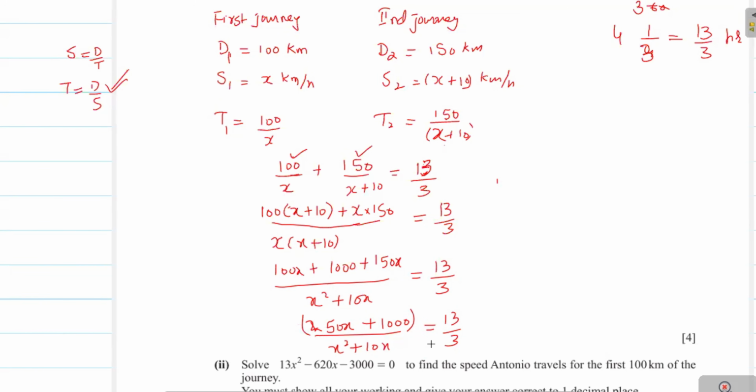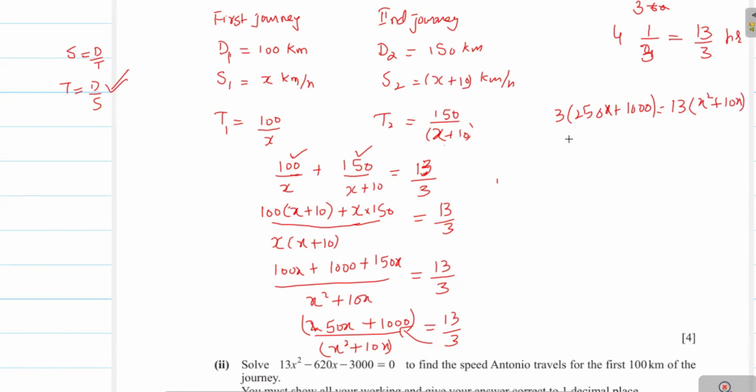Now we multiply the left side by 3, and this 3 multiplies 250x plus 1000, and the denominator of the left side shifts to the right, it becomes 13 multiplied by x square plus 10x.